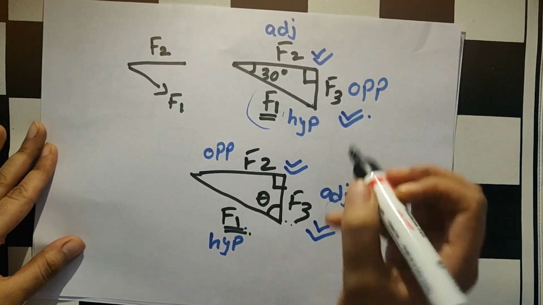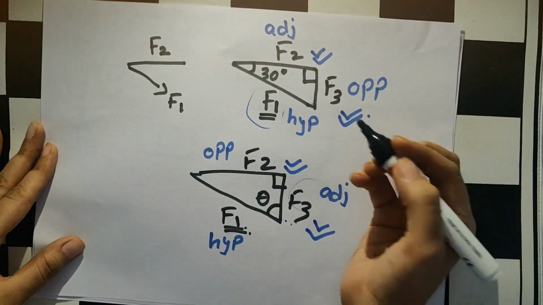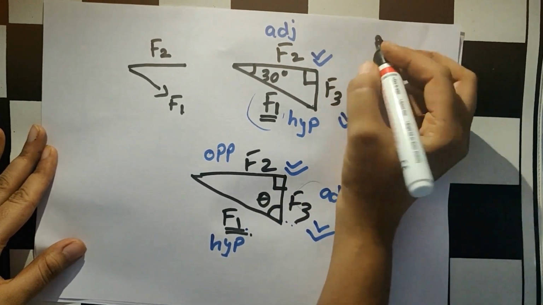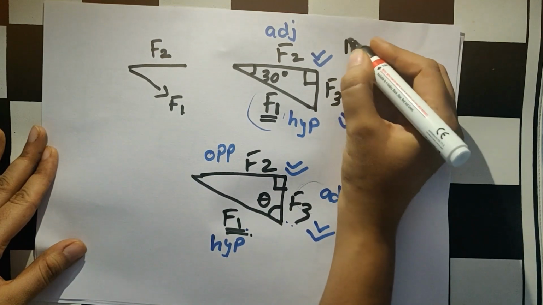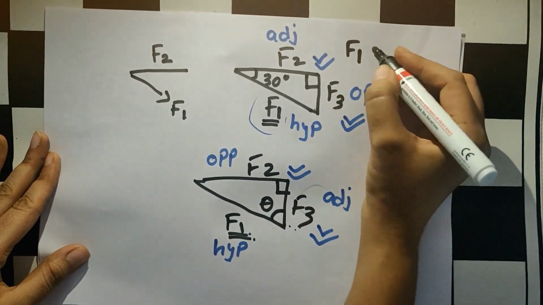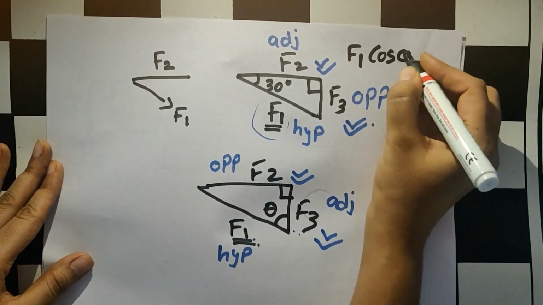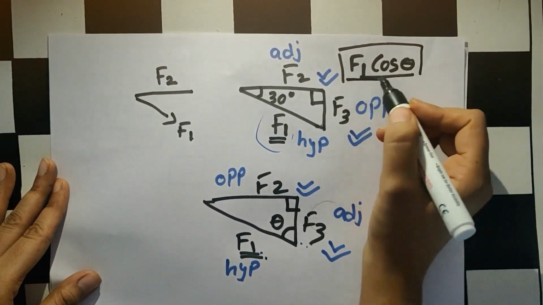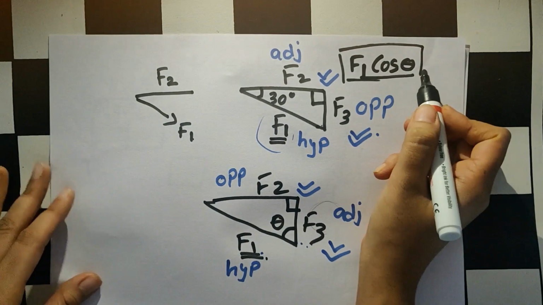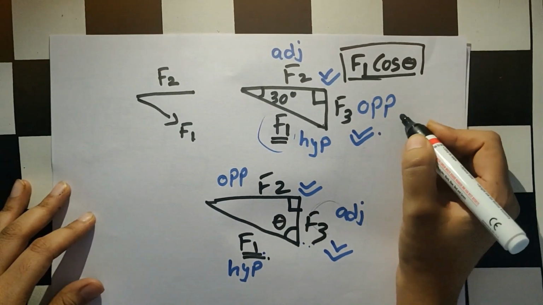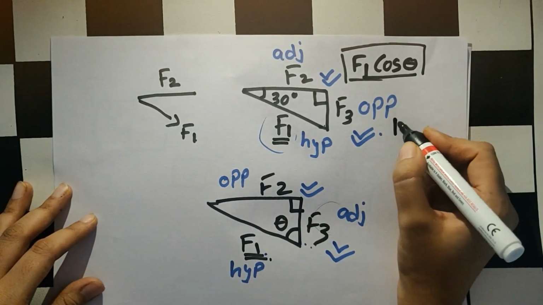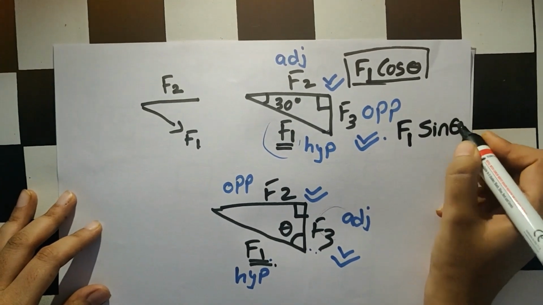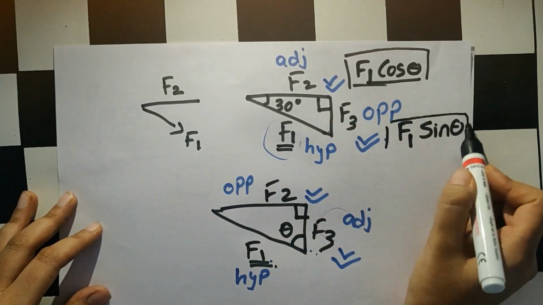Now from this right angle triangle, the value of adjacent is hypotenuse times cos theta, whereas the value of opposite is always hypotenuse times sin theta. Theta is nothing but this 30 degree.